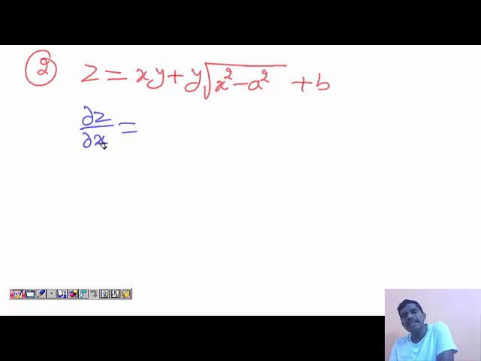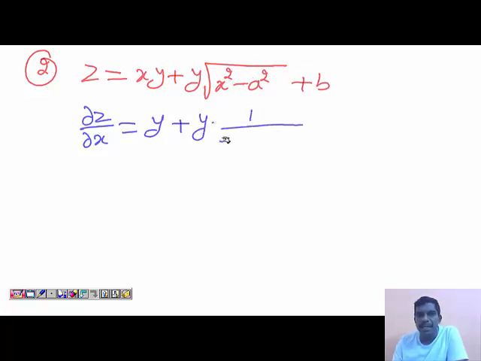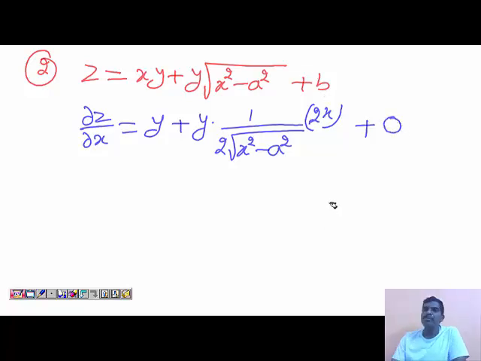When you are differentiating with respect to x, y and all other terms are constants, therefore it is y, plus here y is a constant into the differentiation of this one, which is 1 divided by 2 into square root of x square minus a square into 2 into x, that's an inner differentiation, plus the differentiation of b will be equal to 0.